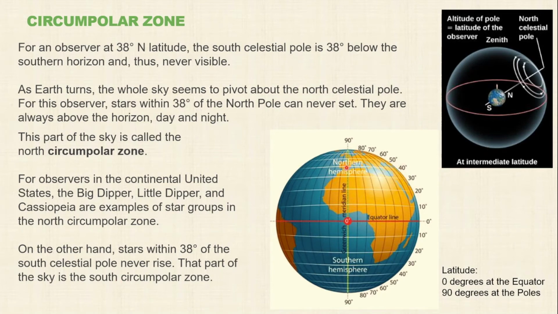Again, this is the Earth with different latitudes shown here, and it forms this zone called the circumpolar zone. What that means is when we are at some intermediate latitude, for example, 38 degrees north, you can measure 0 degrees, 38 degrees somewhere here, 38 degrees north.